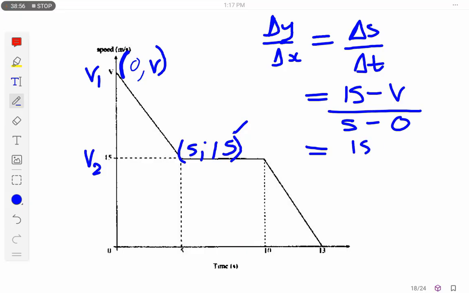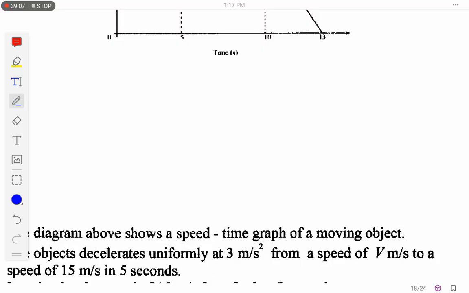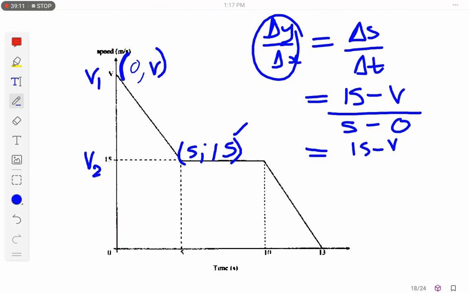I'm getting 15 minus v over 5, because the gradient they told us, the deceleration, was equal to 3 meters per second squared. So we already have the value. This is equal to 3 over 5. So 5 times 3, that's 15, is equal to 15 minus v.